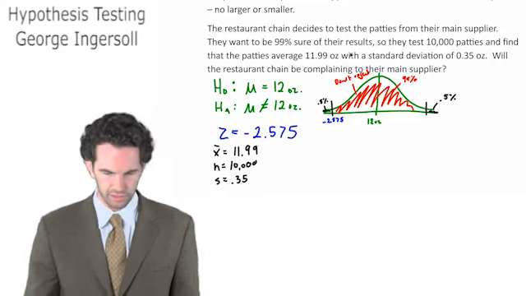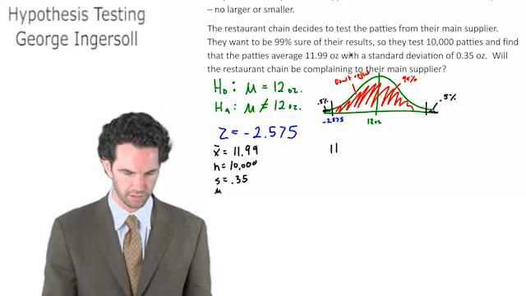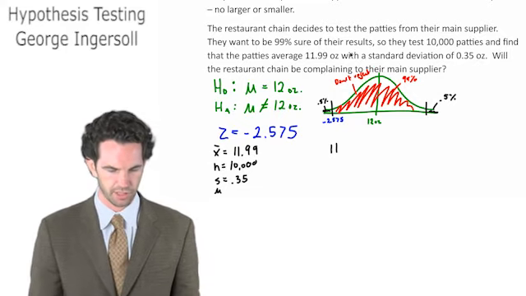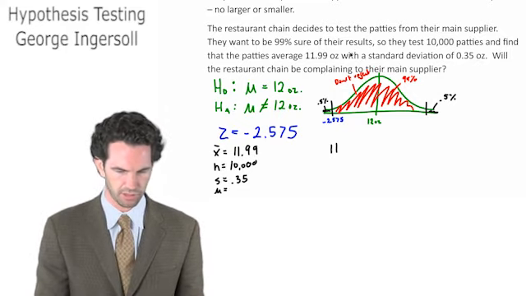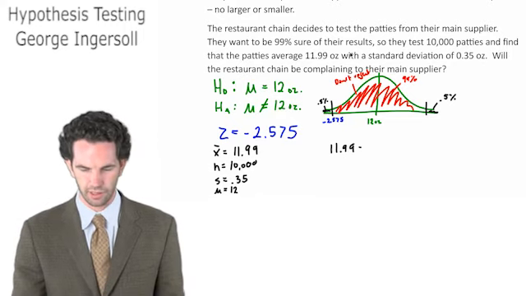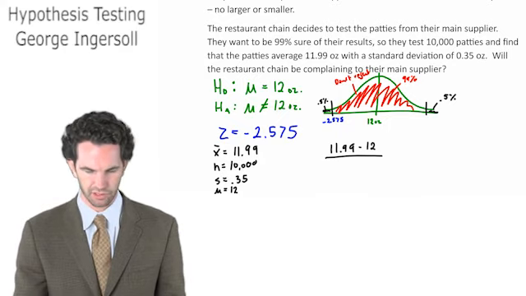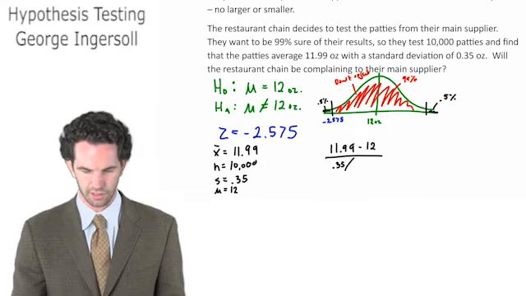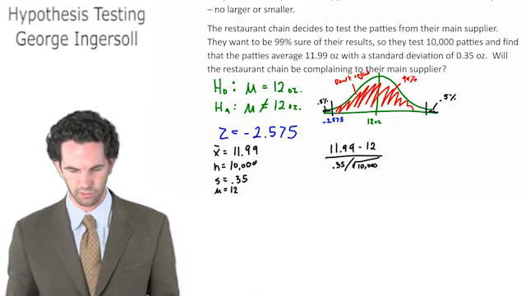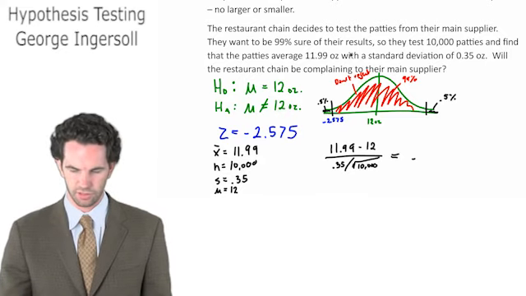So let's go ahead and use that. Oh, and by the way, our assumption here is that mu is equal to 12 ounces. So we say 11.99 minus 12 divided by 0.35 divided by square root of 10,000, also well known to be 100. And that gives us negative 2.857.